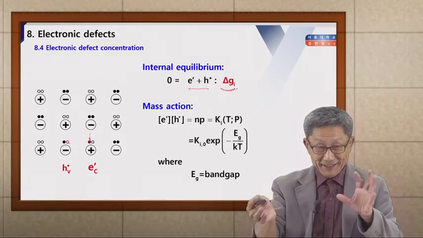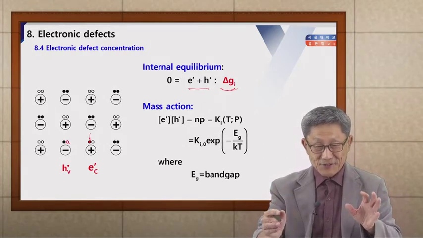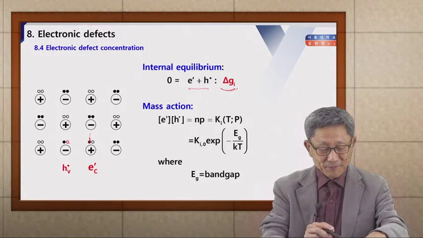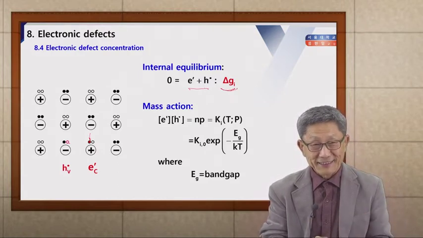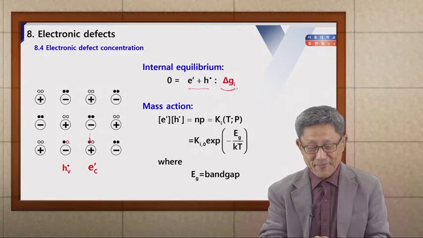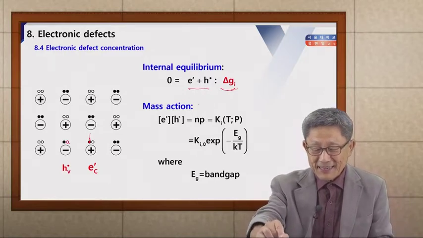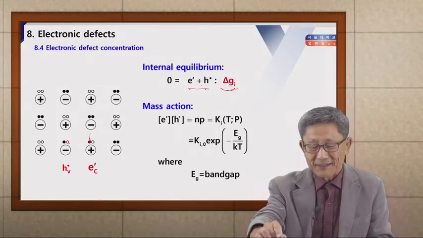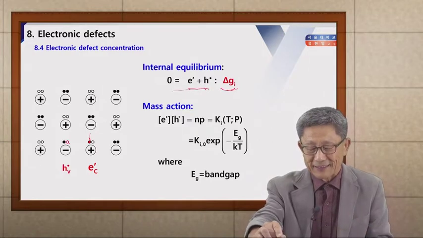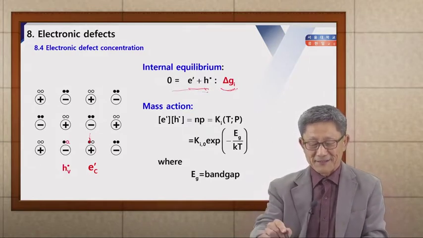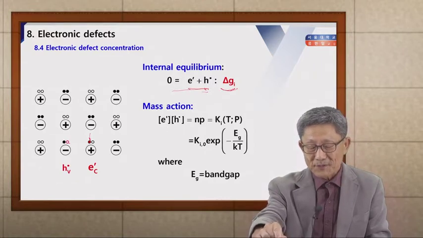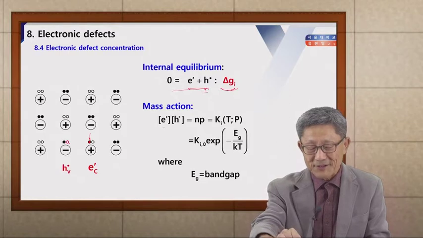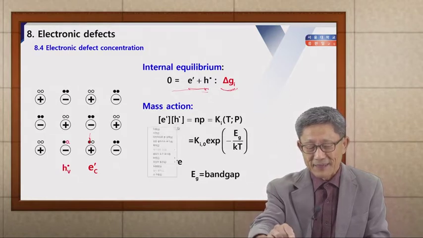Now you can make the interrelationship between the bond picture, electrons and holes, and those in the band picture. By applying the mass action law to this chemical reaction, the electronic defect formation reaction, you can simply write the product of the two, the electron concentration and the hole concentration.